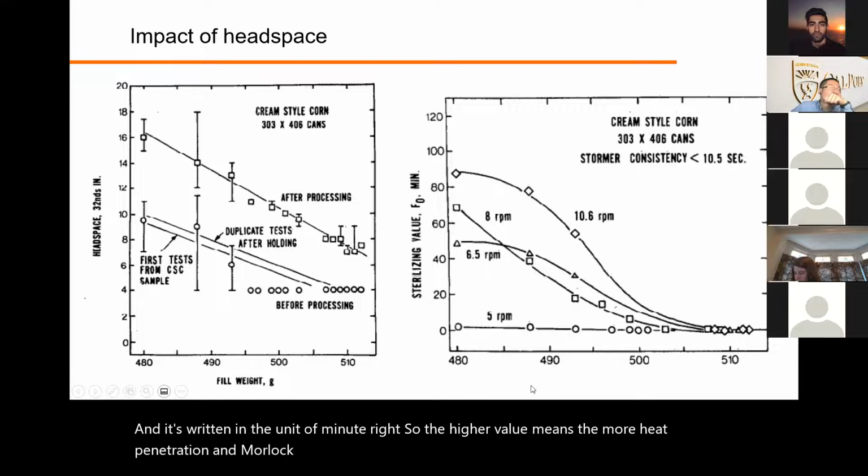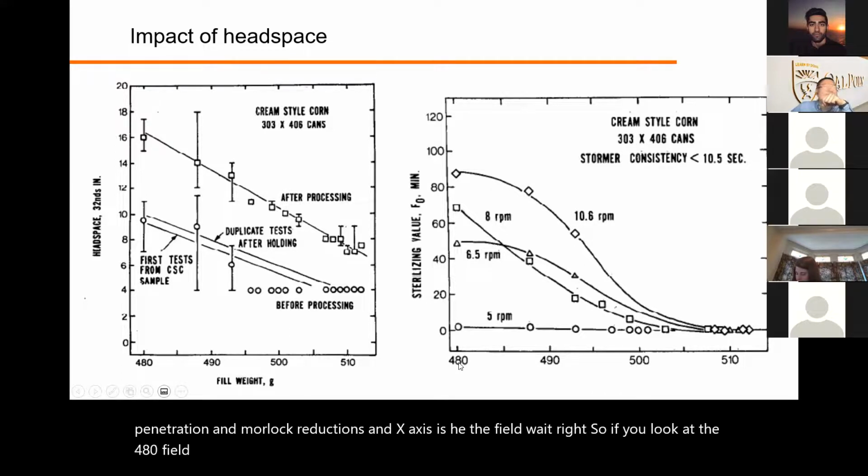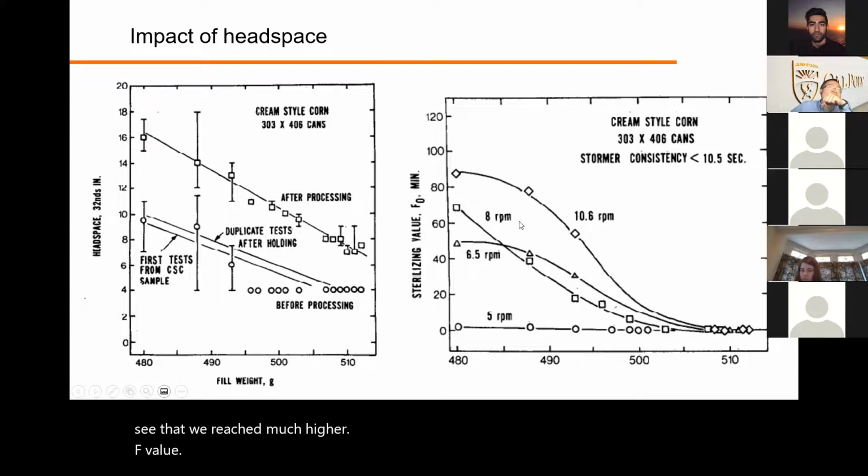And the x-axis is the fill weight, right? So if you look at the 480 fill weight, which means we have a lot of headspace, right? So in this case, you can see that we reached a much higher F value. Okay, so that is also related to the rotation speed.